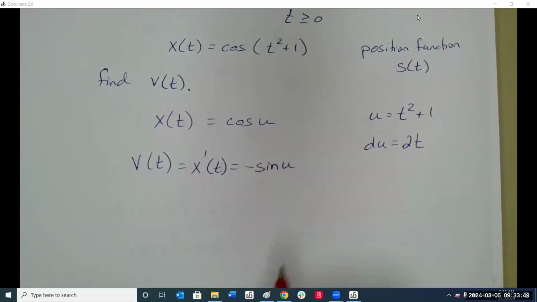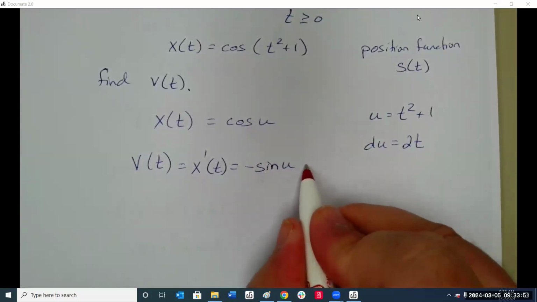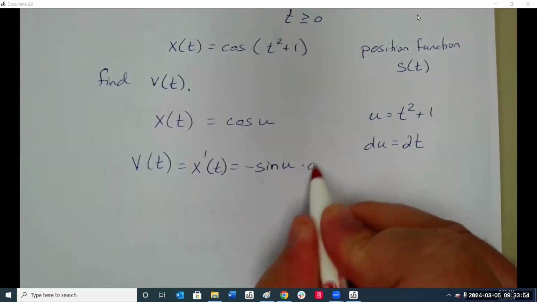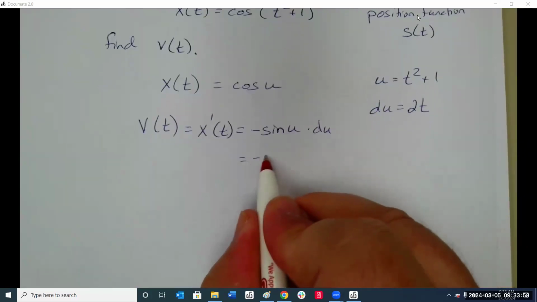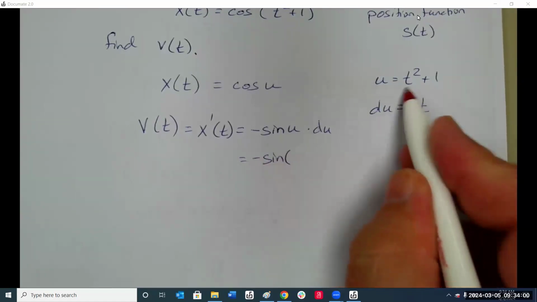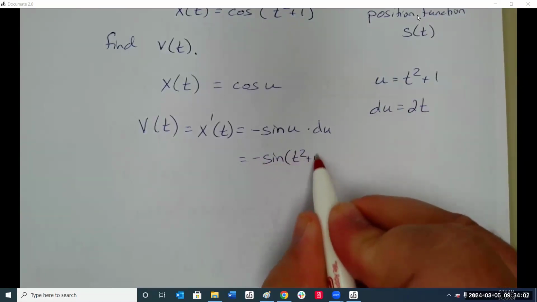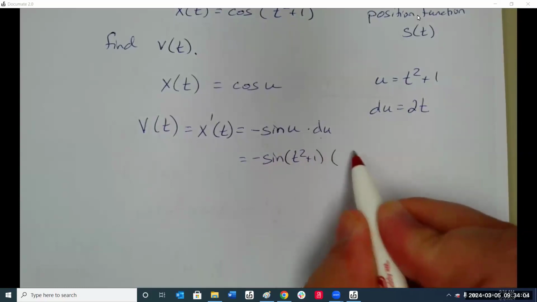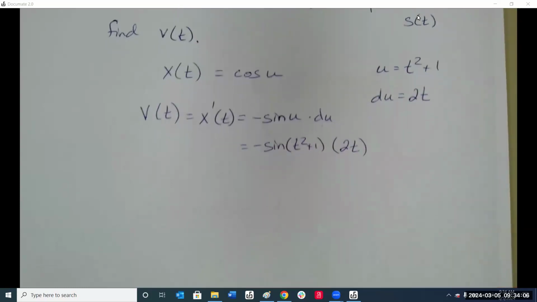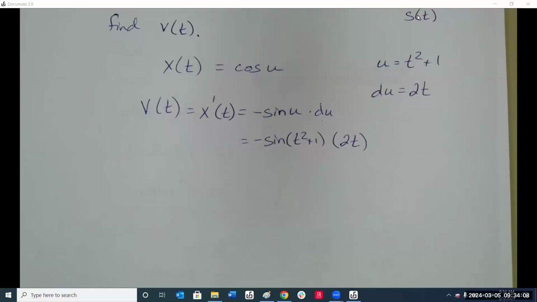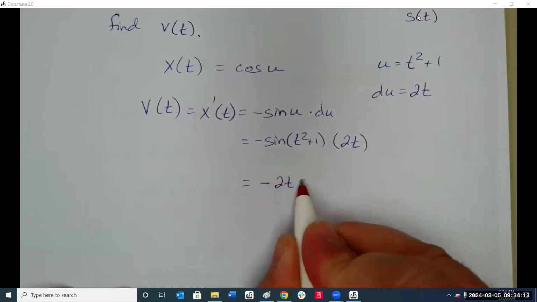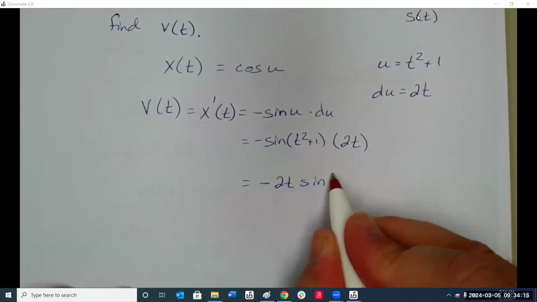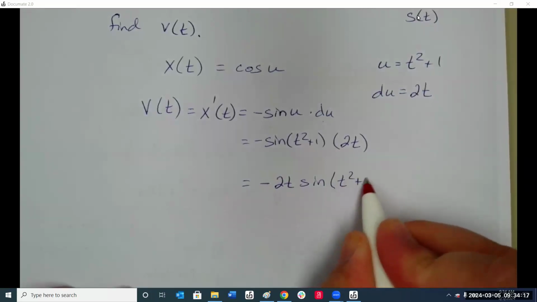Negative sine u times du. So we have negative sine of t squared plus 1 times 2t. Which becomes negative 2t sine of t squared plus 1.